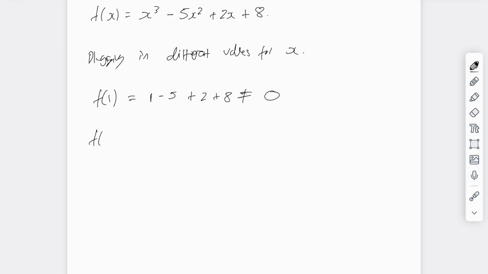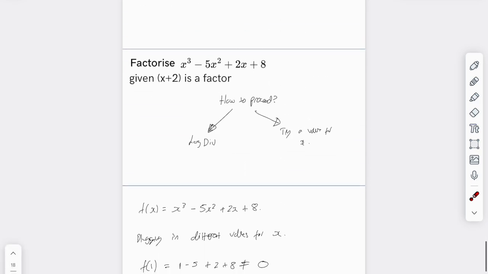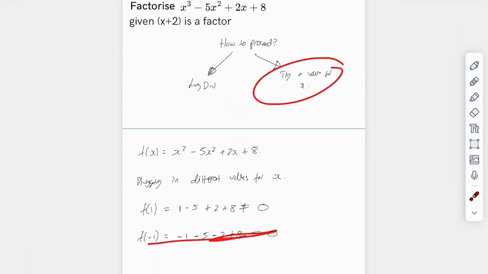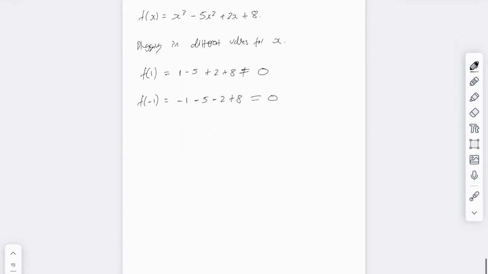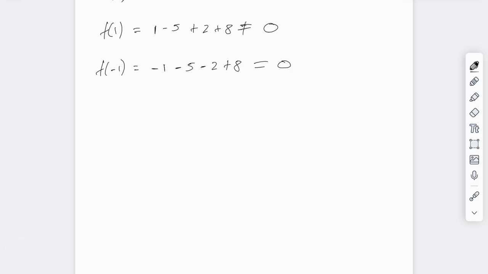What about f of minus 1? We use minus 1, we get minus 1 minus 5 minus 2 plus 8, and what do you know, this equals 0. So when we plug in minus 1, we get 0. What does that mean? If f of minus 1 equals 0, it implies that x plus 1 is a factor.